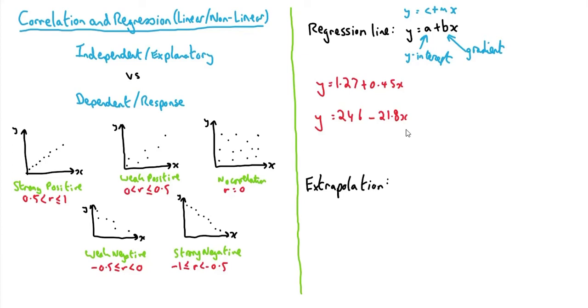Now, even if within the scenario it would actually make sense that it could go on to infinity, that's not to say that you should use your equation to work out such astronomically big values. You shouldn't even use it to work out values that are only a small bit above what you already have. Let's say we go back to this painting example here. Let's say the data set which allowed us to get this regression line had been taken every year for the first 10 years.